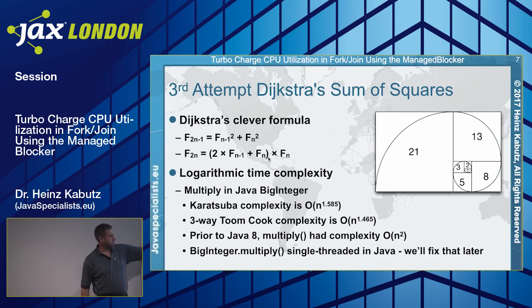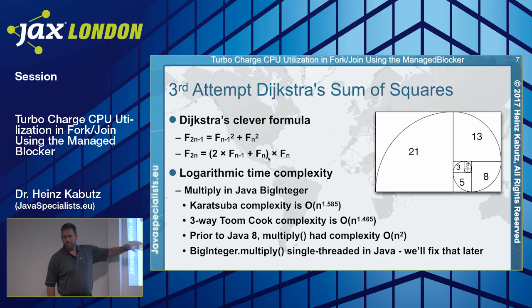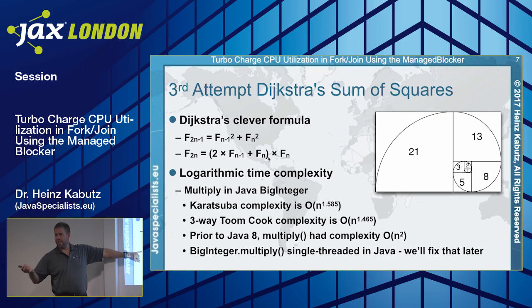So depending on the size of your number, if it's a small number, it's not worth it to go for Karatsuba or Cook because the cost of setting it up is so much that it's faster to just do the order n squared complexity.